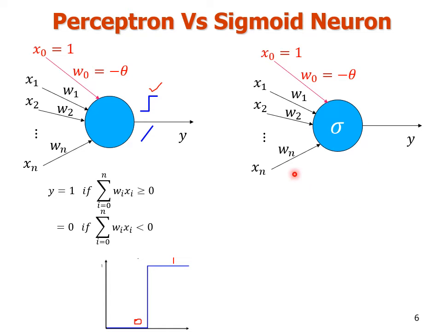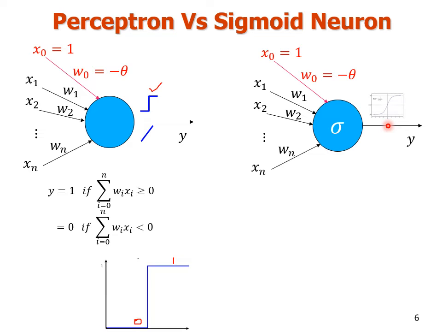So it is similar to that of the perceptron, only the difference is the activation function in perceptron was the thresholding function and later on we used a linear function, but in sigmoid neuron we are making use of a sigmoid function or the logistic function as activation function.